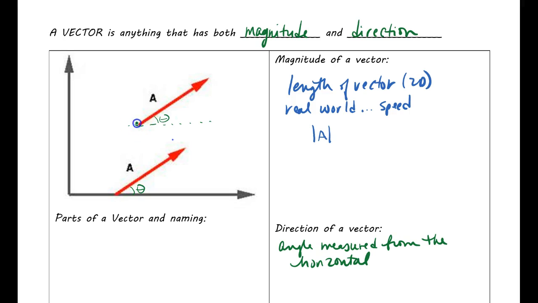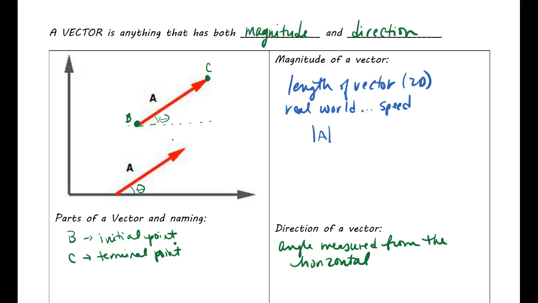The point where the vector starts is called the initial point, and I'm going to label these with an extra B and C so you can see what I'm talking about. Point B would be the initial point, because that's where the vector has started from, and point C would be called the terminal point, because that is where the vector is ending, terminal end, right?